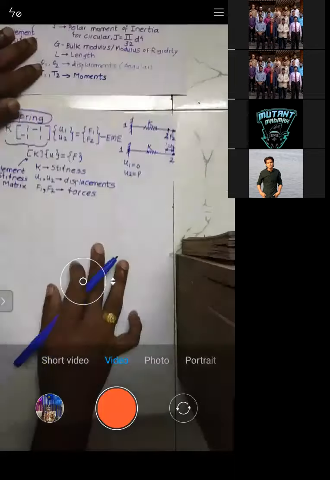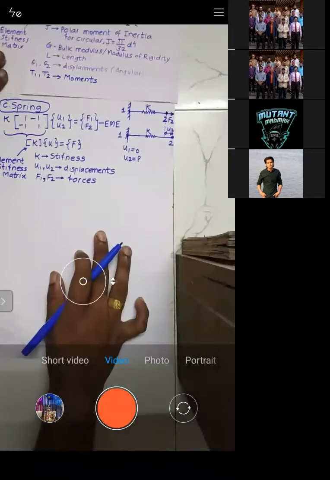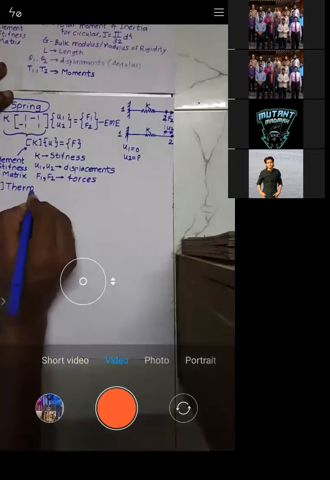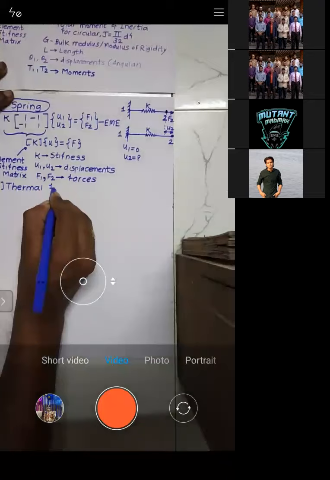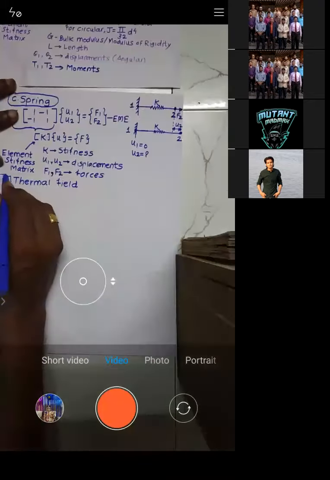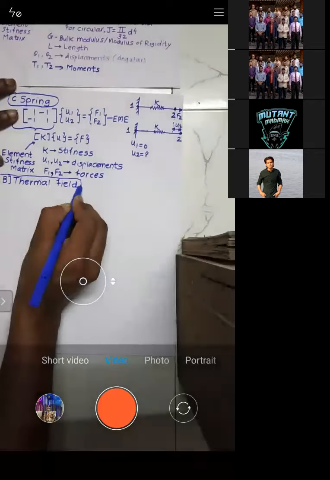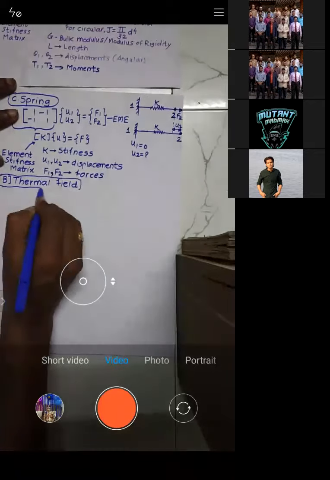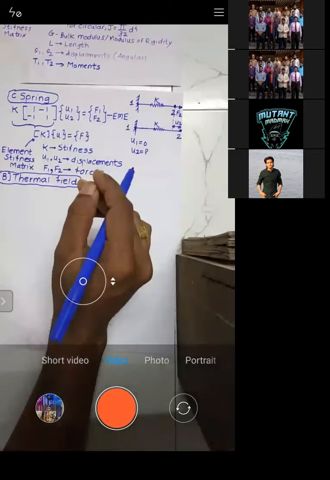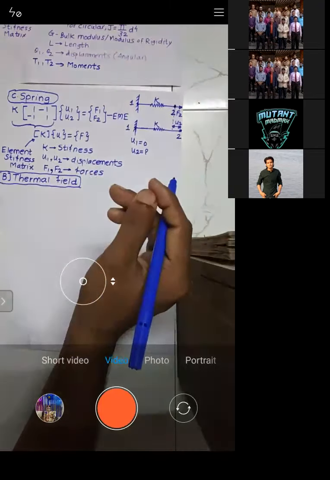After the structural field, I will go to the thermal field. In the thermal field, in heat transfer, there are three modes of heat transfer: first is conduction, second is convection, and third is radiation, right?